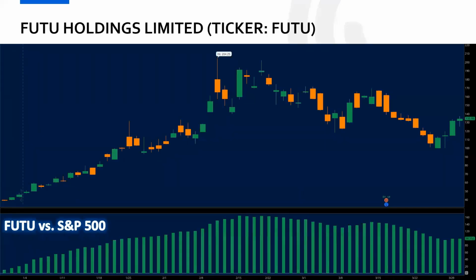This is actually an example of a relative strength trade that I recently placed in my hedge fund. So this is on Futu Holdings, ticker FUTU. And you'll see here that towards the beginning of the year, the stock started to outperform the S&P 500. Okay, and I had the indicator on my charts. I was monitoring this, and I saw the opportunity to jump into the stock.